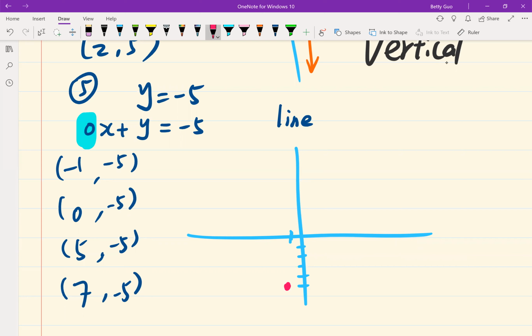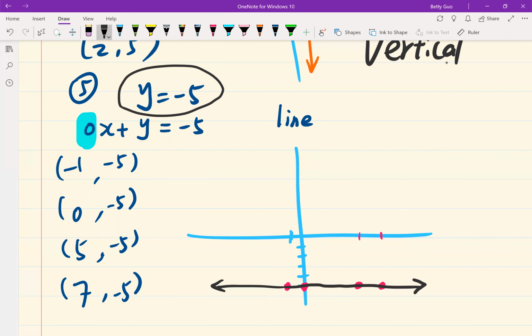And (0, -5) is this one. (5, -5) is here. (7, -5) is here. Did you see all those points are collinear as well? They gave us a horizontal straight line. The horizontal straight line represents the linear equation in 2 variables, y equals -5.